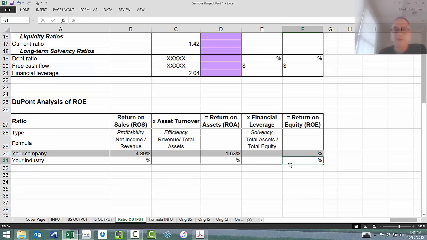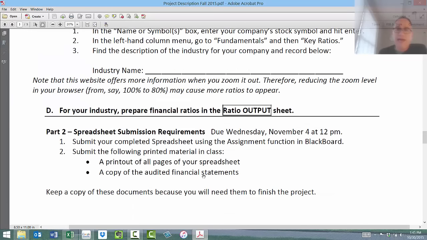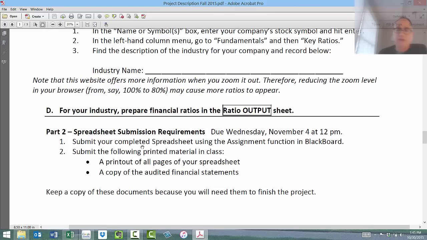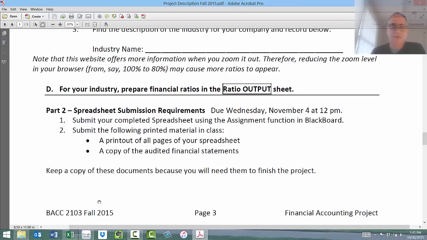And that's just a quirk of using industry average ratios. And that's the whole thing. So when you're done, take your spreadsheet, print it out, upload it to the Blackboard website, and you completed part 2.